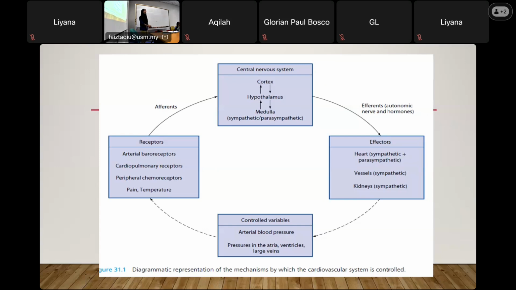Now, things get more interesting. Explain the relationship now between heart rate and cardiac output. Draw another graph. Heart rate, cardiac output. So you see the obsession with drawing. Examiners love drawing, you know.